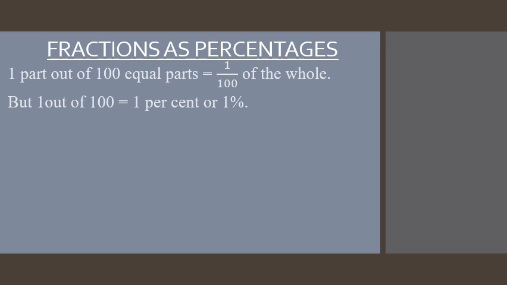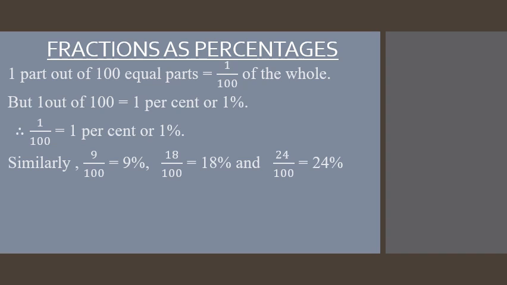But you know that 1 out of 100 is equal to 1%, the symbol of percent. Right? So children, we can say that 1 upon 100 is equal to 1%, right? And this way, we can relate fraction with percent. Clear?